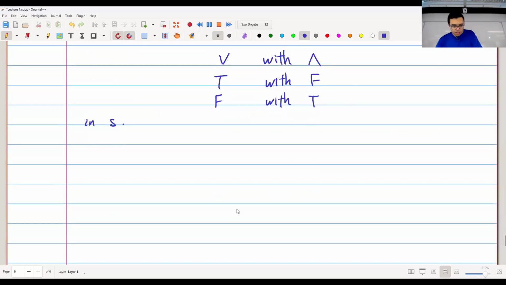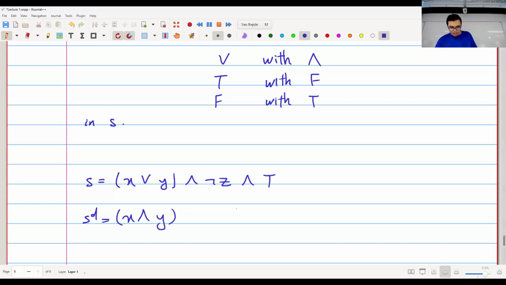So for example, let's say I have a formula, X or Y and not Z. Let's say I also have and T. Of course, and T doesn't do anything, but I just want to put it there. So if this is S, the dual of S would just be the same thing, but I'm replacing the OR with an AND and I'm replacing the AND with an OR.